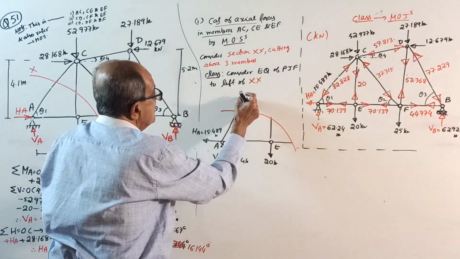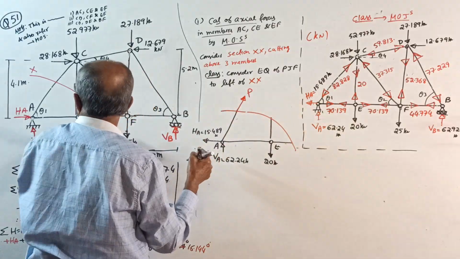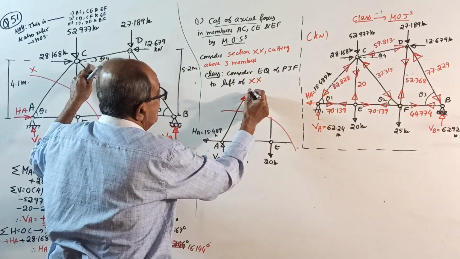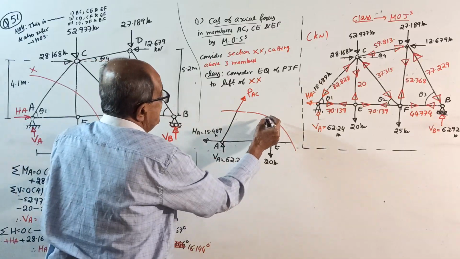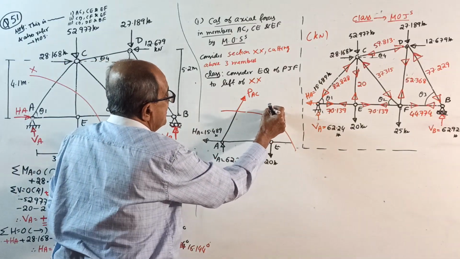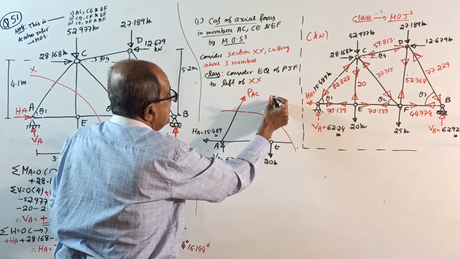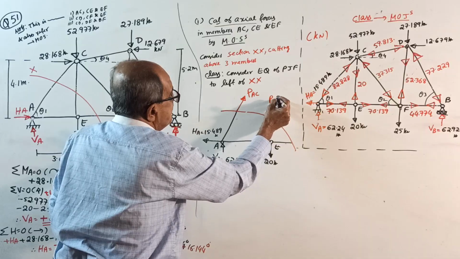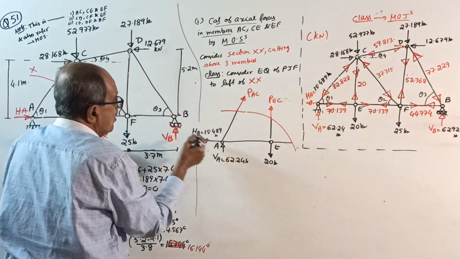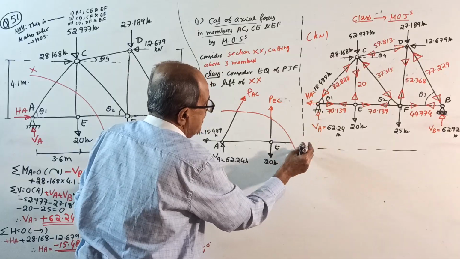Now start. Outgoing forces: P for AC. This was all explained thousands of times for you. P for EC. Other one is P for EF.